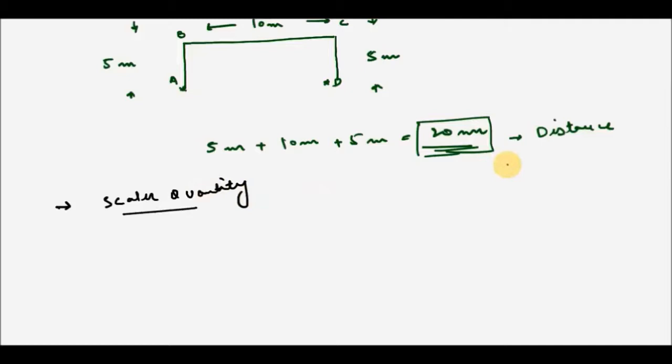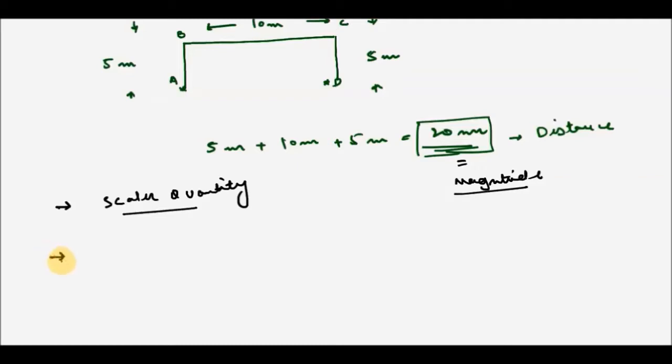So this 20 meters actually gives only a magnitude, right? It only says how much we have moved. It doesn't give us any direction, in which direction we have moved. So this how much signifies the scalar quantity, right?